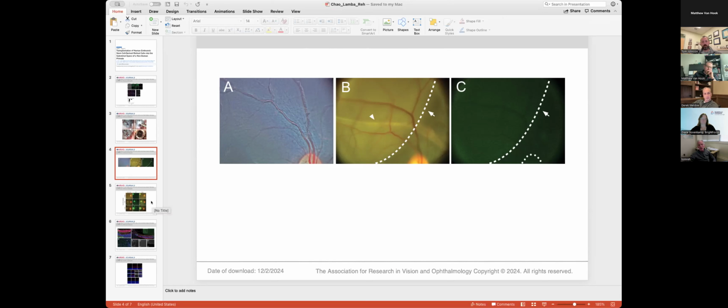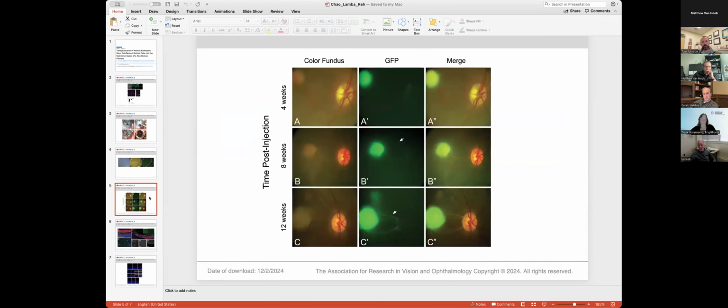Now, the eye of a squirrel monkey is a lot smaller than a macaque, and that's something I'll come back to in just a sec. But what happened was, over time, at 4 weeks, 8 weeks, 12 weeks, we followed this with a RetCam. This was the original transplant. Here's the optic nerve head. Here was the transplant. It was close to the fovea, not exactly in the fovea, but you could see it's like a blob of cells sitting in the subretinal space.